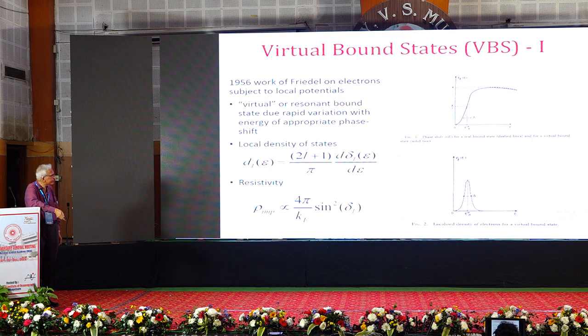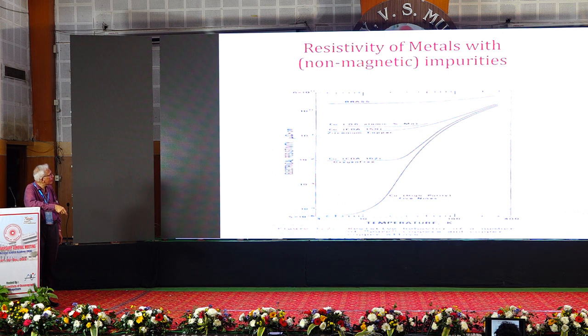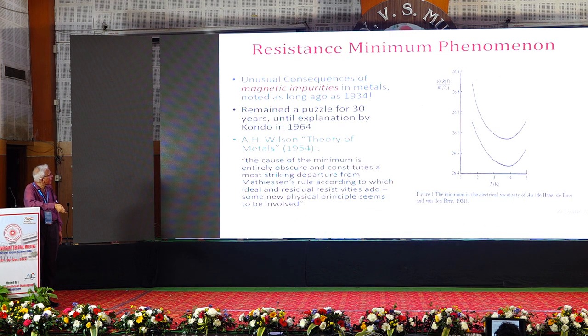This is a ubiquitous explanation for the resistivity of metals with non-magnetic impurities, where all of them have some temperature dependence coming from other scattering mechanisms. If you go to low enough temperatures, they all flatten out and give you this impurity resistivity, which I mentioned before.